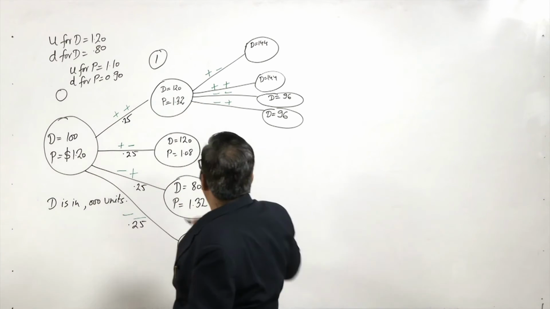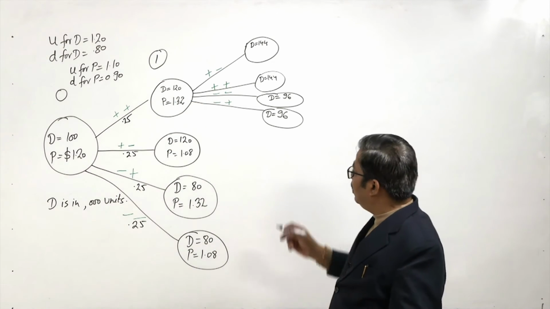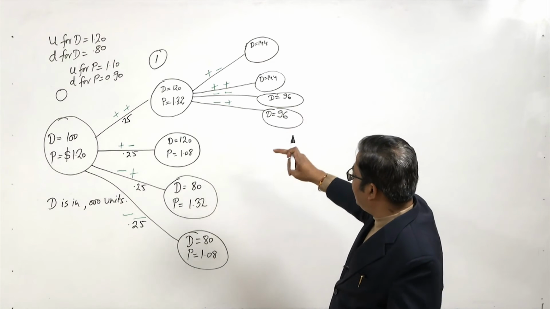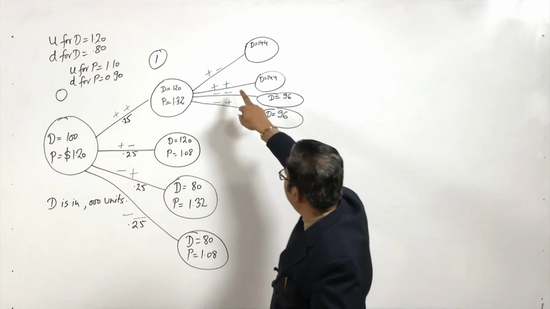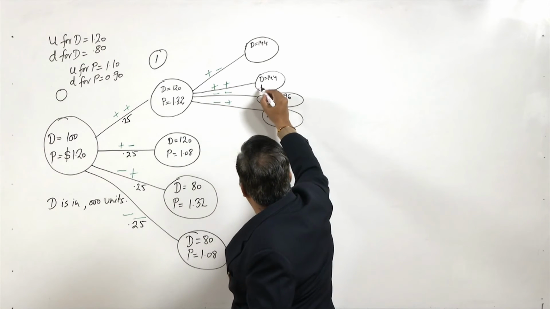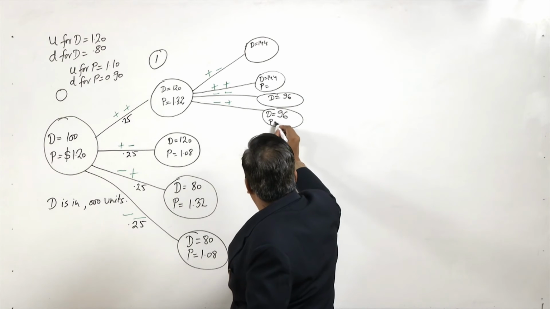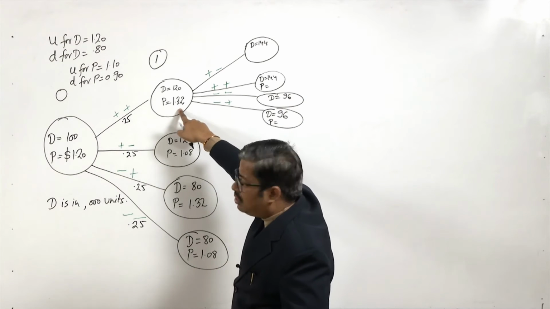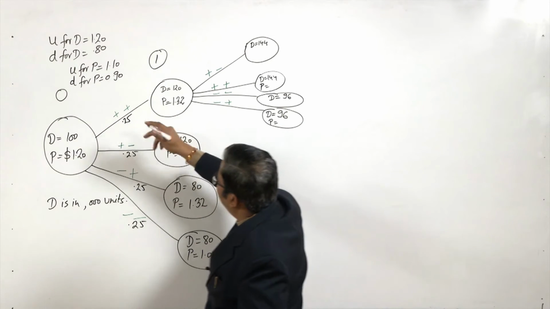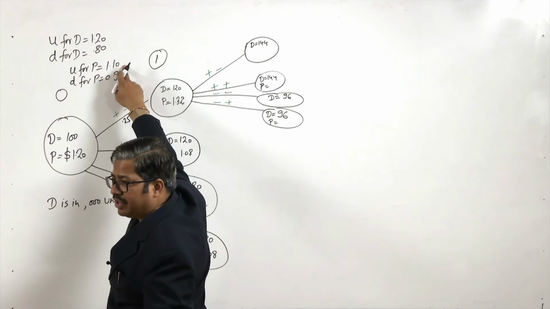So, similarly, when my price is changing, when price is increasing, it is 1.32 multiplied by U, that is 1.1.